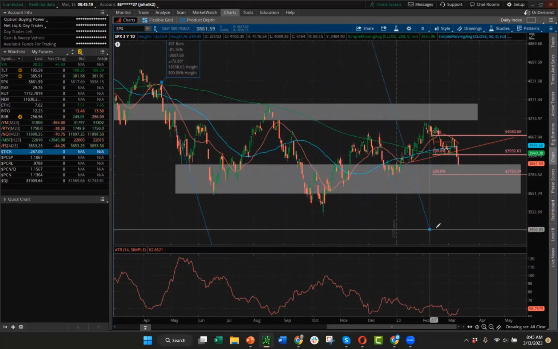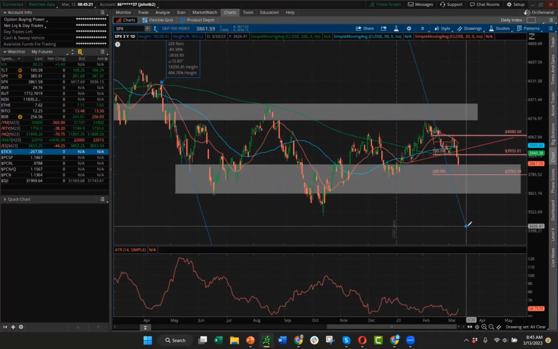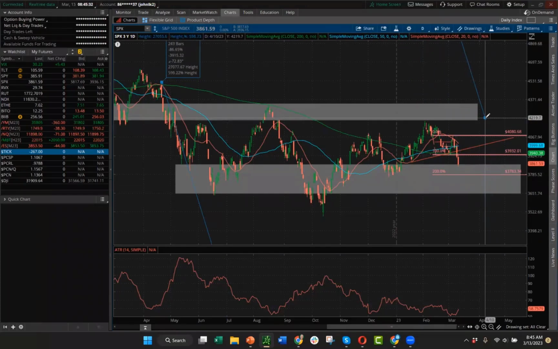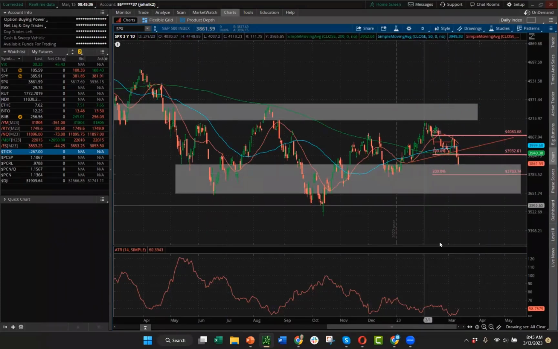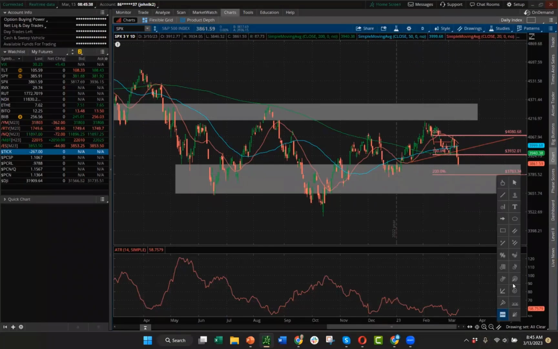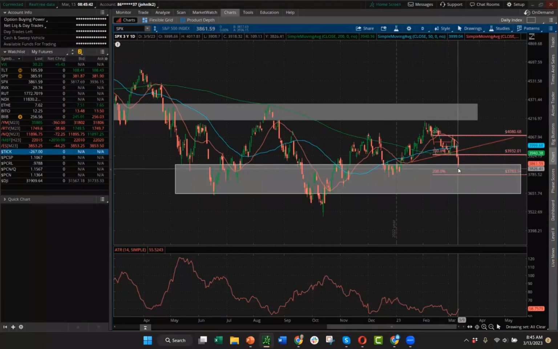This one was about the same speed. This one here is actually a little slow. Okay, so this is a little slow, but what chances are we're coming down into this range, and then we're probably going to bounce that range and move from there. So I'm looking to have increased downside risk on my positions as we get into this area.